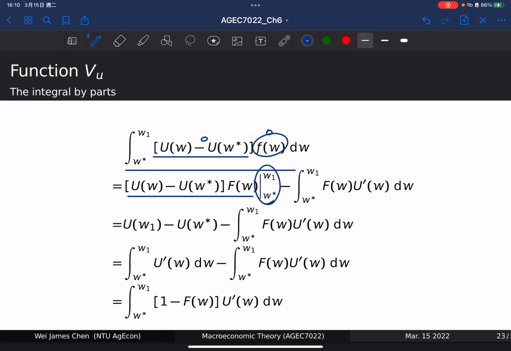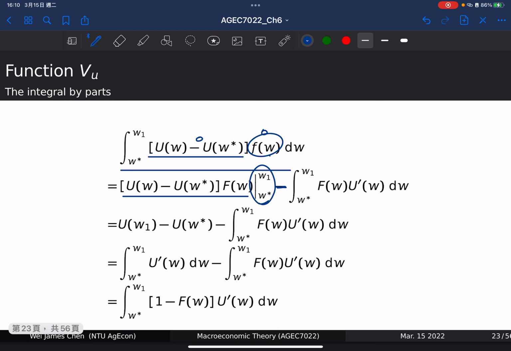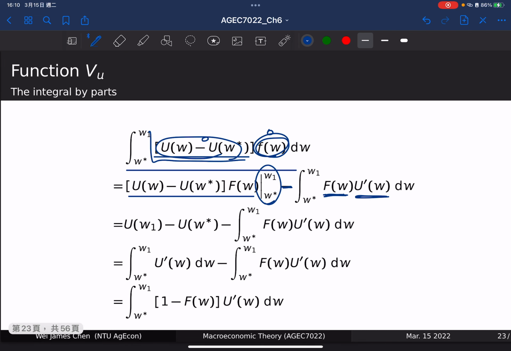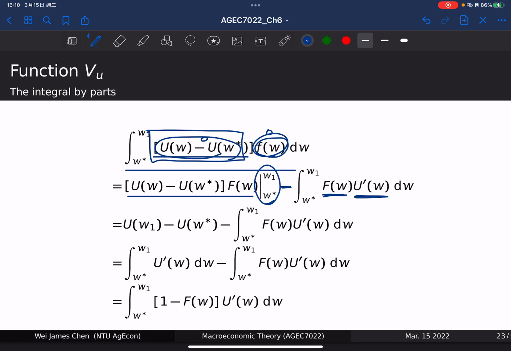That means insert the W1 and W star and take the difference. And minus this one before the differentiation and this one after the differentiation. So this is F of w before the integration, and this is these things differentiated with respect to w. U of w star is a constant, so there's no differentiation there. So basically what you're left with is u prime of w. U prime of w is dw du of w, the same thing.